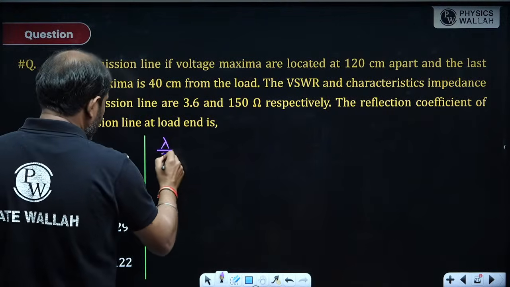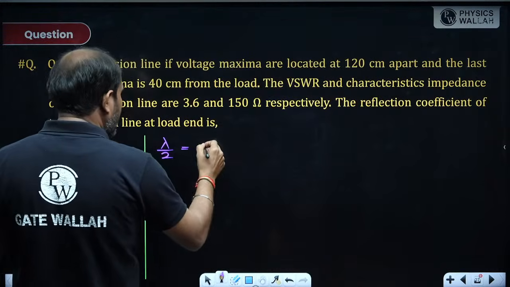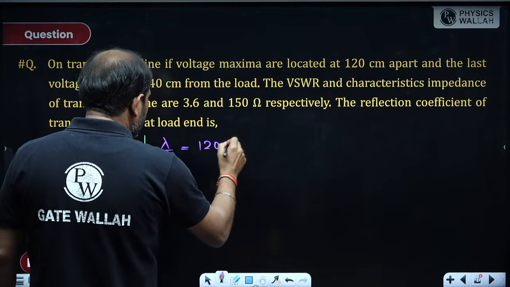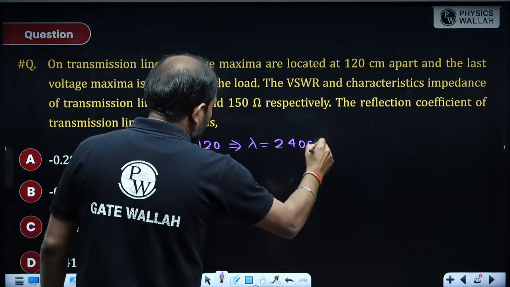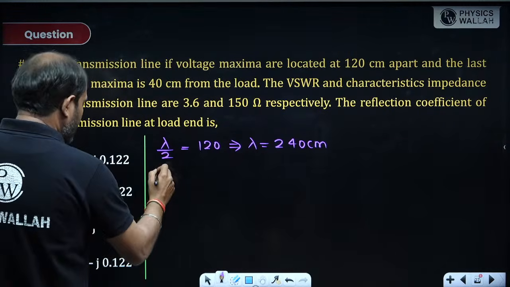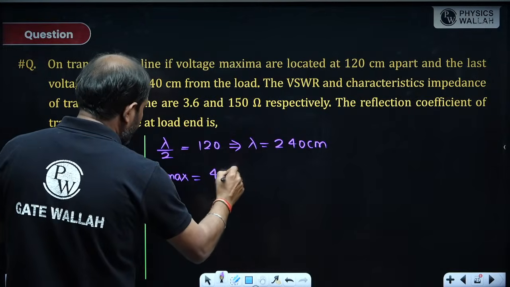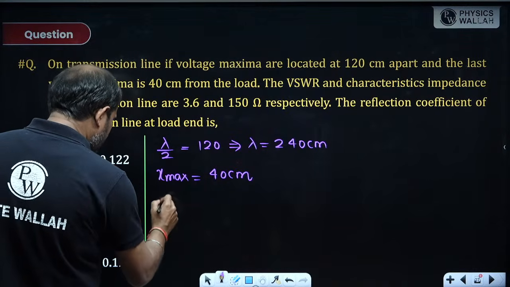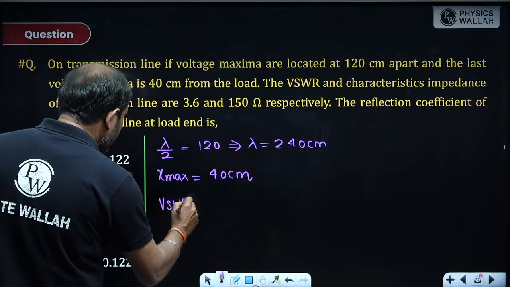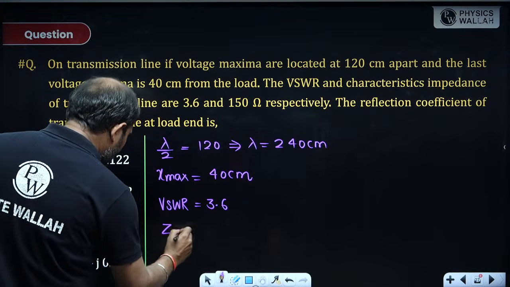So transmission line voltage maximas are 120 centimeter apart, so lambda is 240 centimeter. And X max is 40 centimeter. VSWR is 3.6 and Z0 is 150 ohm.